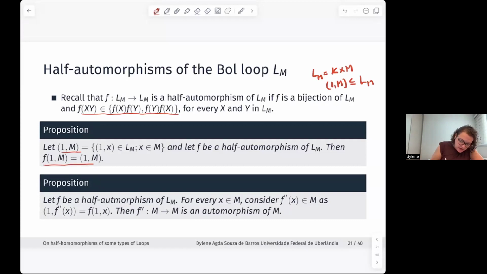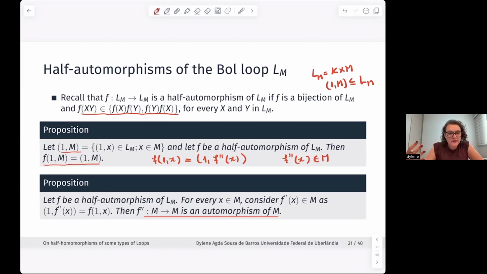F preserves this subloop. So F of (1, x) can be written as (1, F2'(x)), where F2'(x) belongs to M. And what we saw is that F2' is an automorphism of M, okay?